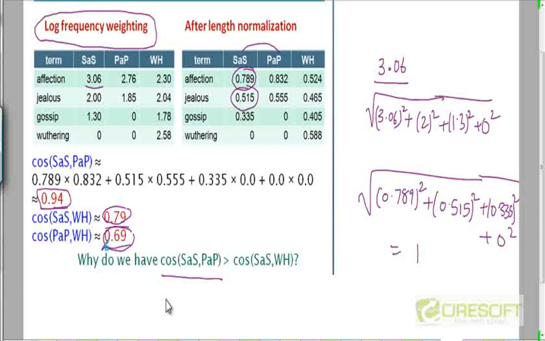Your voice is loud, but it's very muffled. Can you hear me now? It's slightly better. Okay, the documents D2 and D3 I think are closer to each other. So which are the two novels closer to each other? SAS and PAP, because as you said, the cosine value is great, proximity will be great.